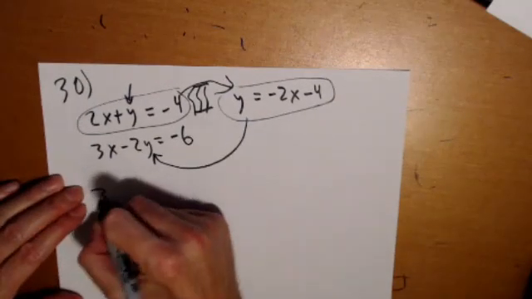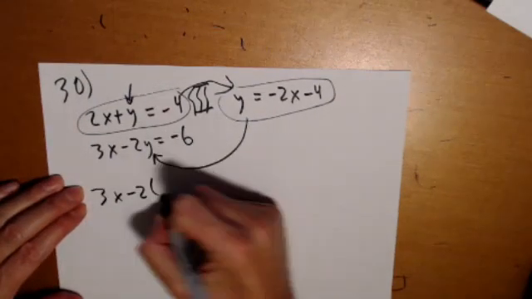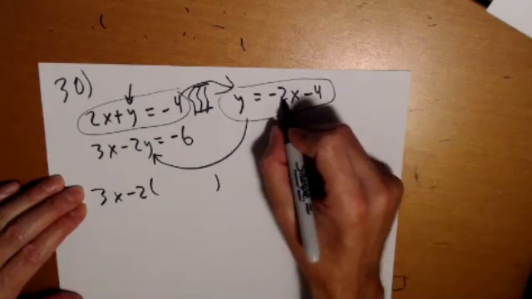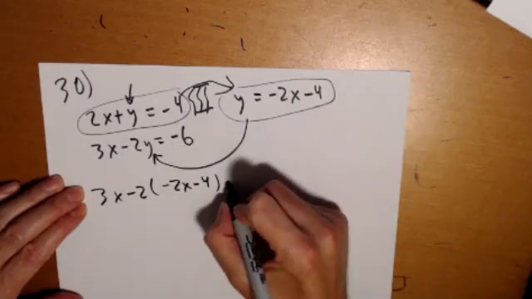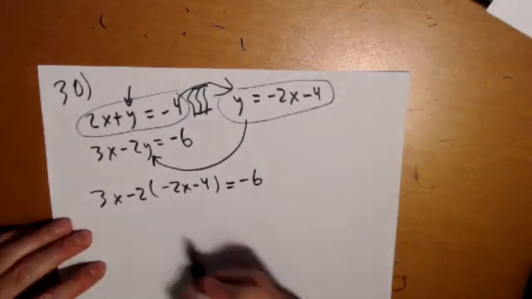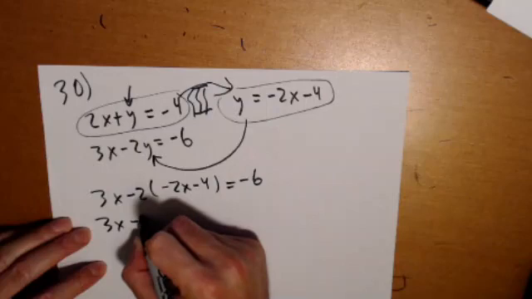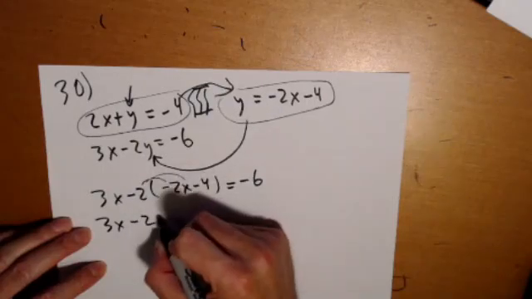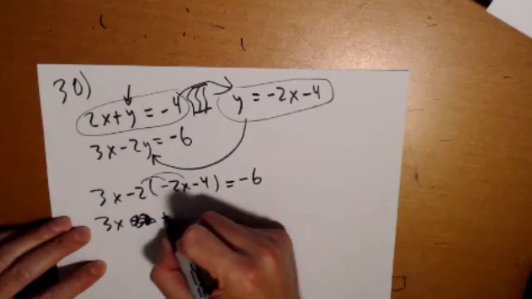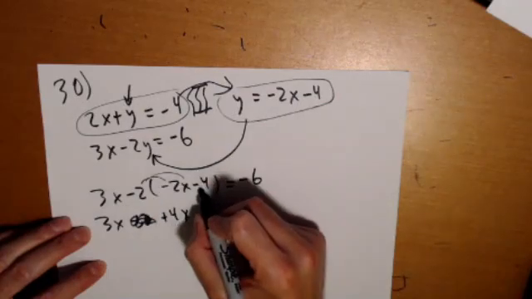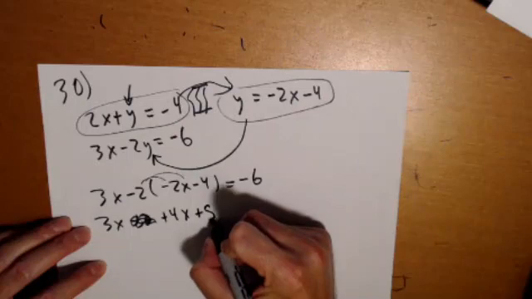Okay, so 3x minus 2, and instead of y, let's put what y really is, negative 2x minus 4, and that needs to equal -6. So that's going to be 3x, distribute that minus 2, so 3x minus 2 times minus 2x is plus 4x, minus 2 times minus 4, positive 8.